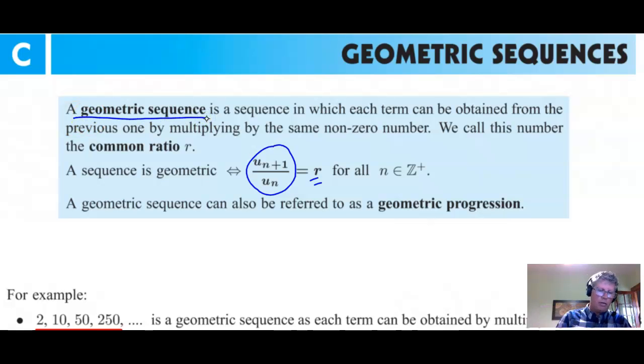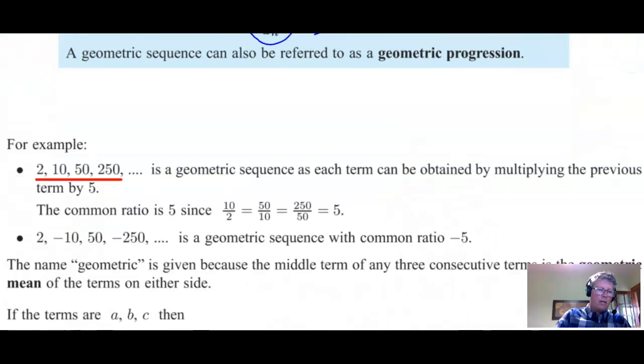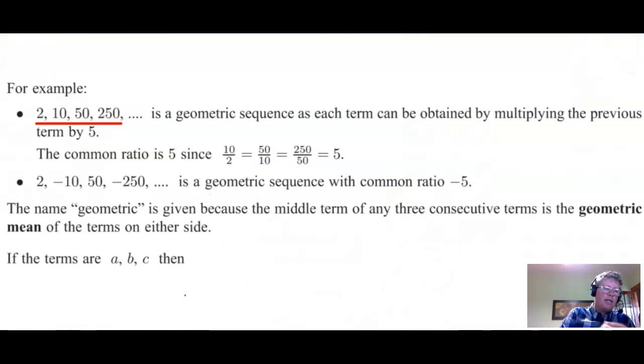Any two. So, for example, 2, 10, 50, 250 is certainly geometric because it satisfies the idea that if I take 10 over 2, so this term over this term, that's going to be the same thing as these two consecutive terms, which is the same thing as these two consecutive terms, which always equals 5 in this case.